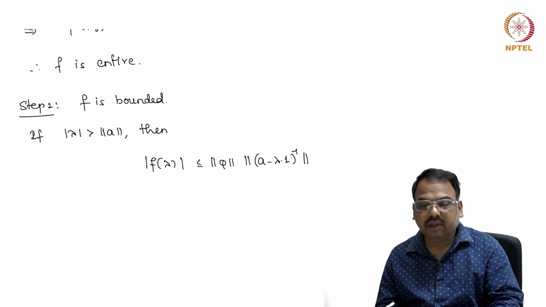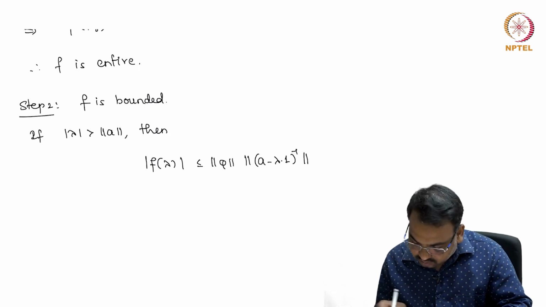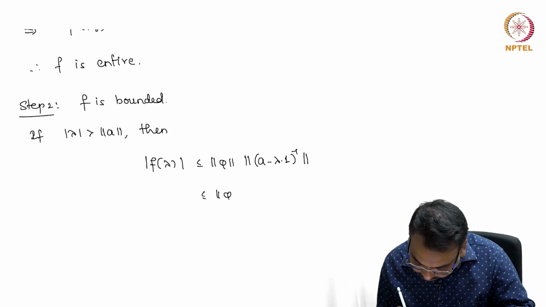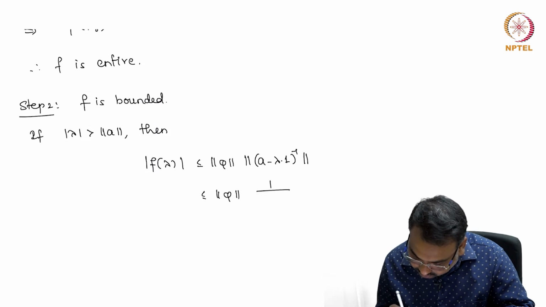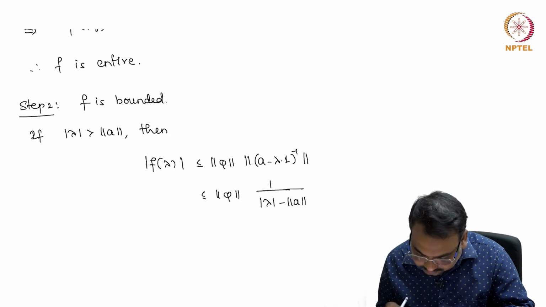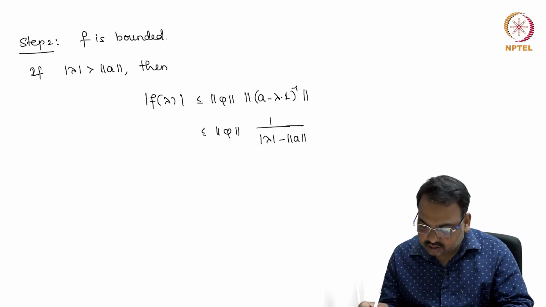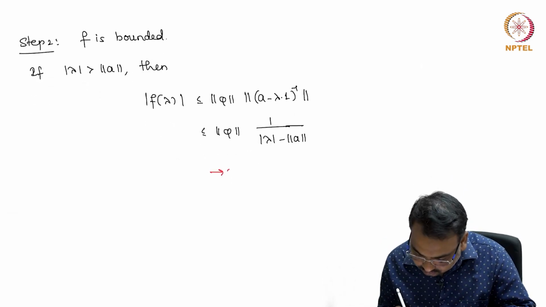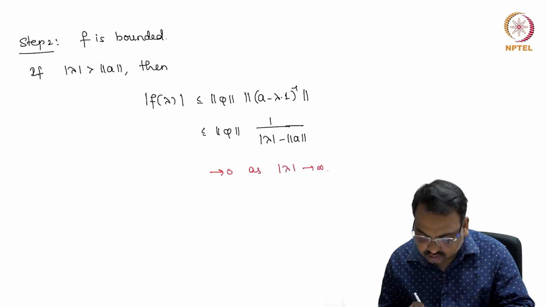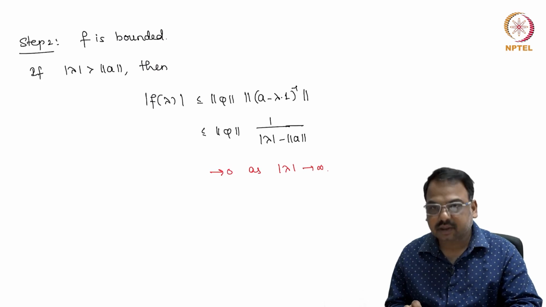So whenever mod lambda is bigger than norm A, that is bounded by norm phi times 1 by (mod lambda minus norm A), and in fact this goes to 0 as mod lambda goes to infinity because norm phi is fixed.